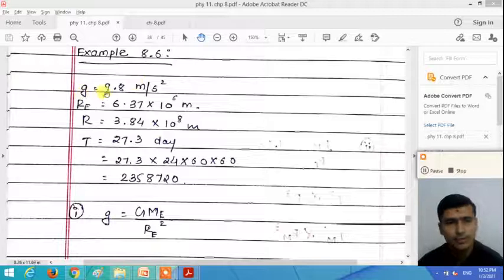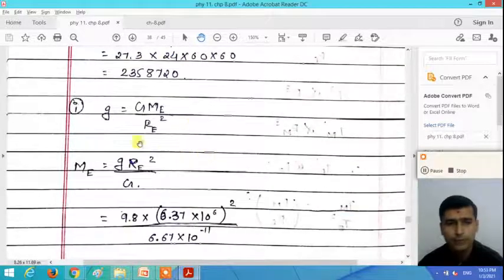The value of small g is given to you, 9.8 meter per second square. Radius of the Earth Re is 6.37 into 10 raised to 6 meter. Capital R, the distance from Earth to the moon, is 3.84 into 10 raised to 8 meter. The periodic time of the moon is 27.3 days, converted into seconds.